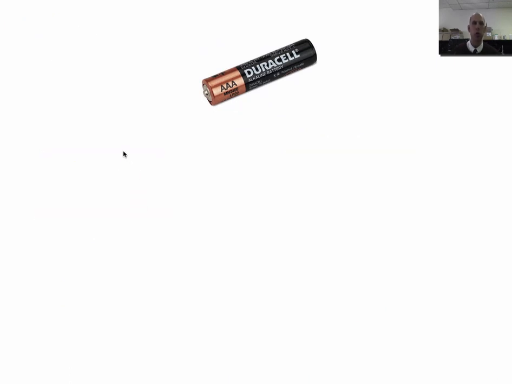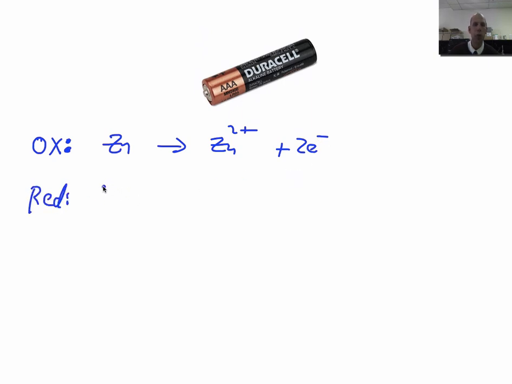So we know that in this reaction, the oxidation half reaction was Zn goes to Zn2+ plus 2 electrons. And we know that the reduction half reaction was those same 2 electrons grabbed onto Cu2+ and go to Cu0.